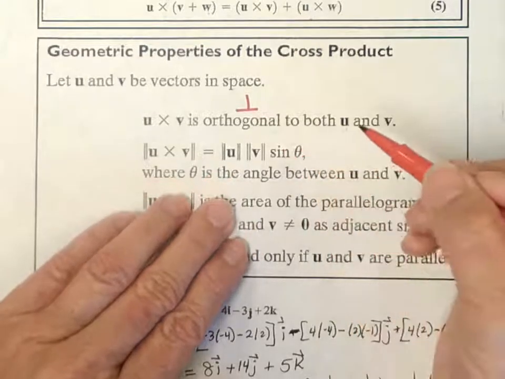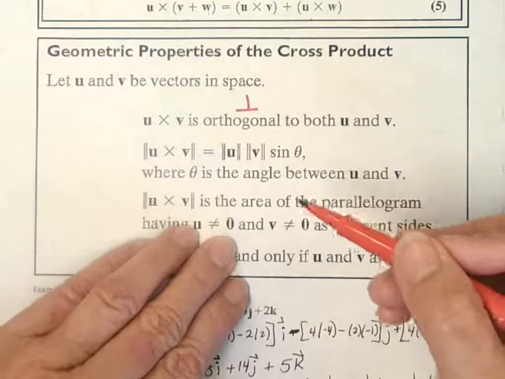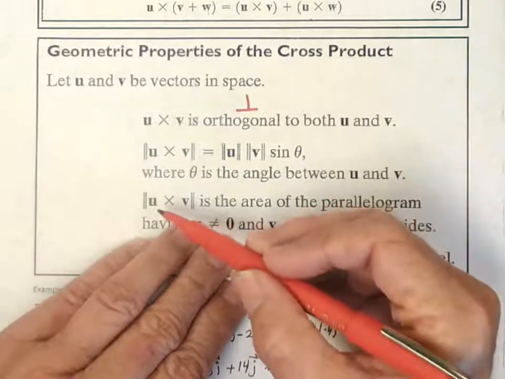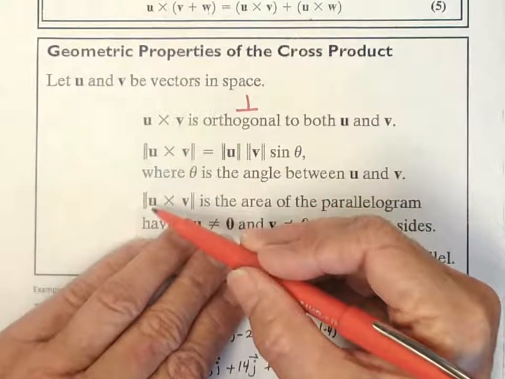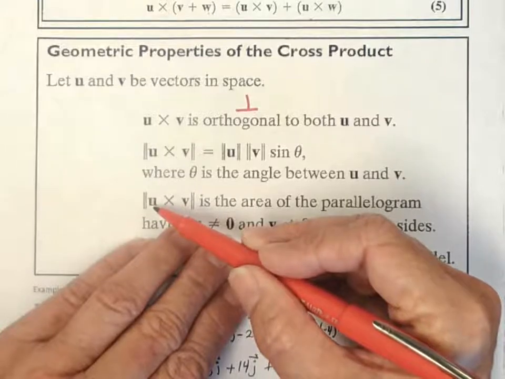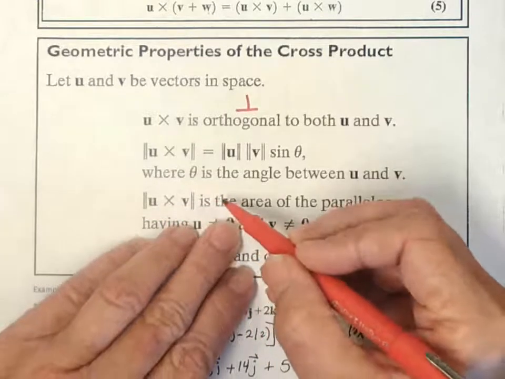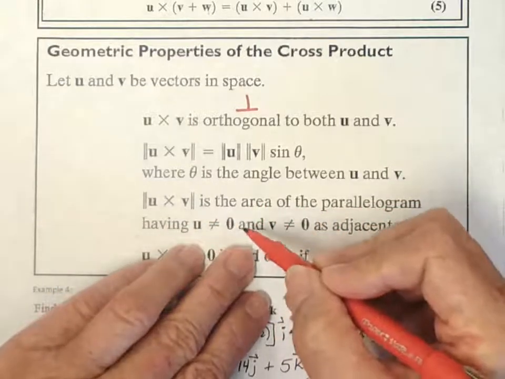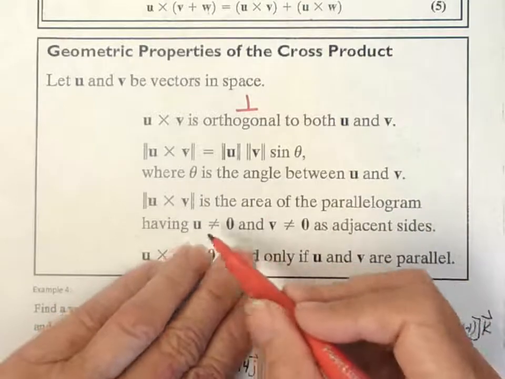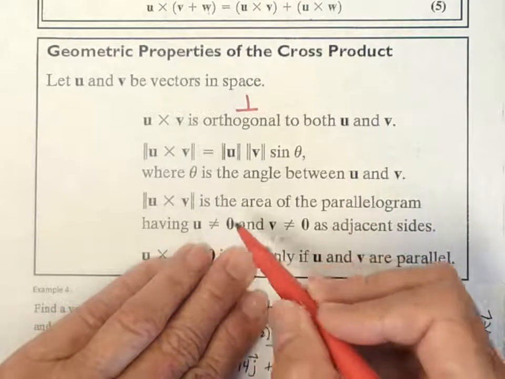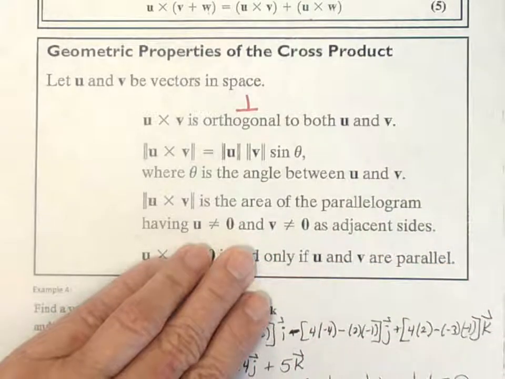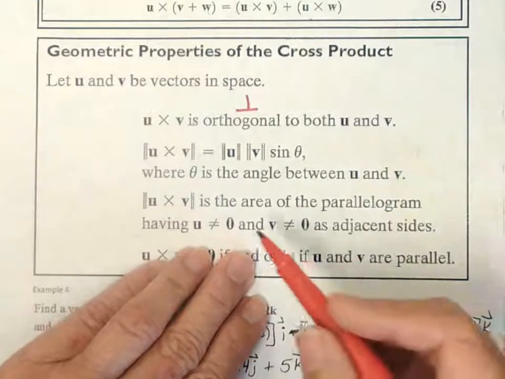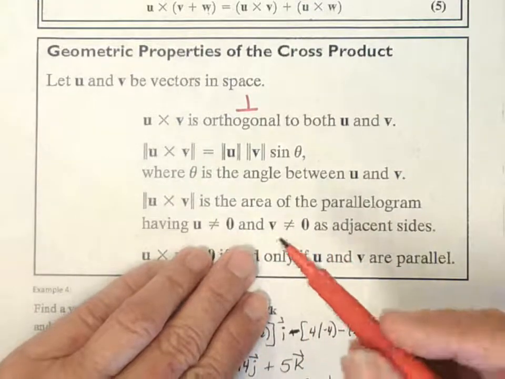And angle theta is the angle between these two vectors. The magnitude of vector u cross vector v is the area of the parallelogram, provided that vector u is not 0 and vector v is not 0, and that u and v are adjacent to each other. They're not parallel to each other.